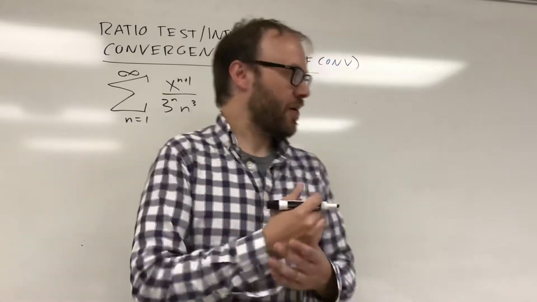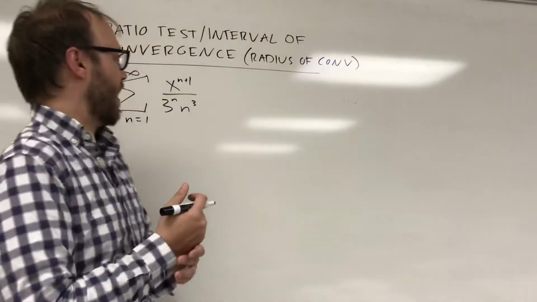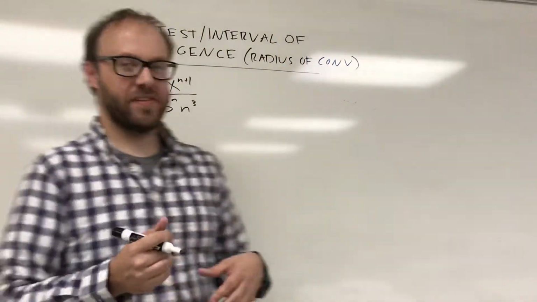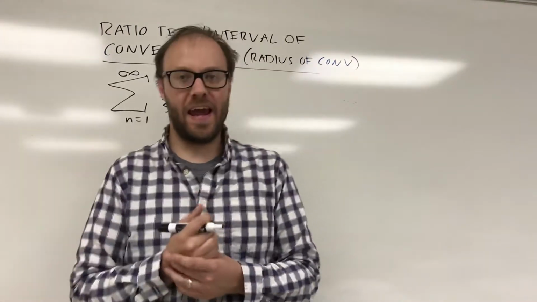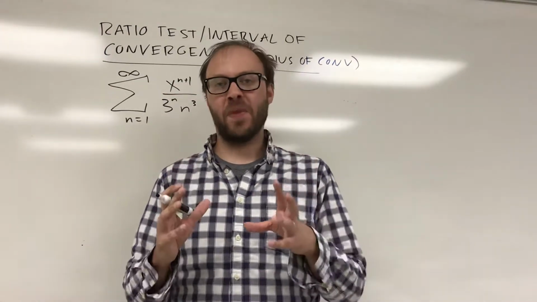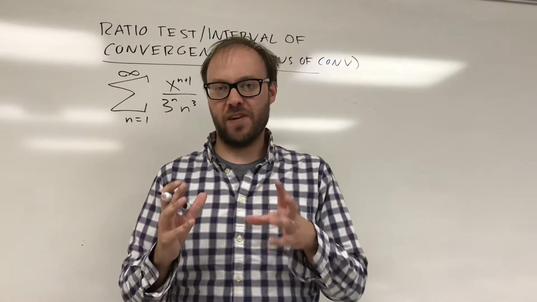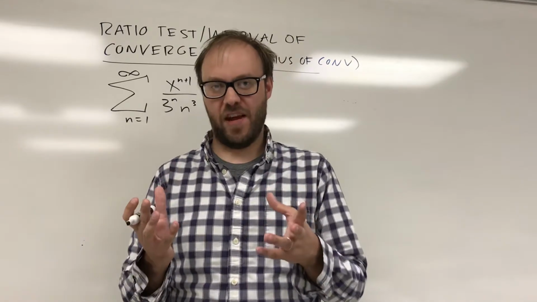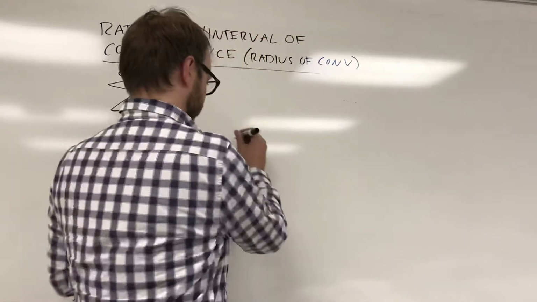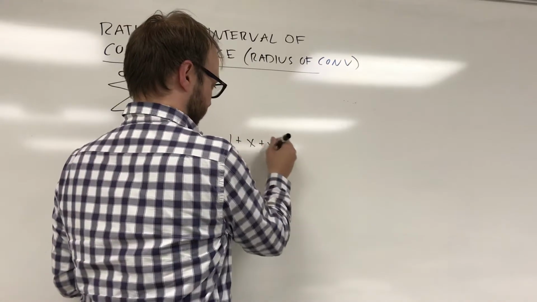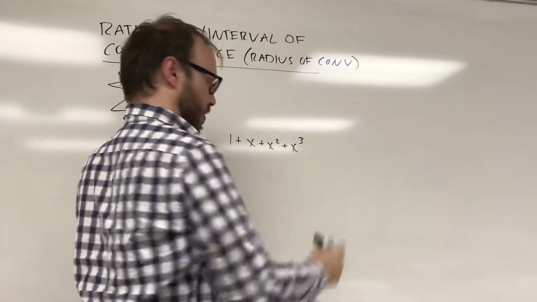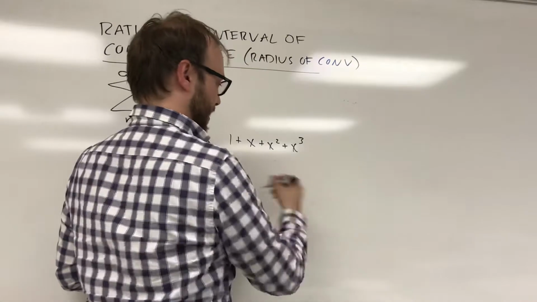All right, it's called the interval of convergence, or the radius of convergence is sometimes what they ask you to find. And here's the idea. You remember how when we worked with geometric series, for example, if I have a geometric series 1 plus x squared plus x cubed and so on, the common ratio is x.